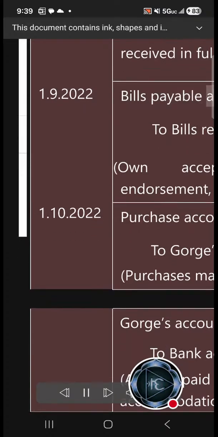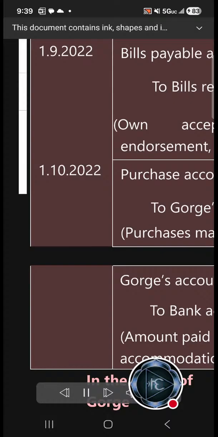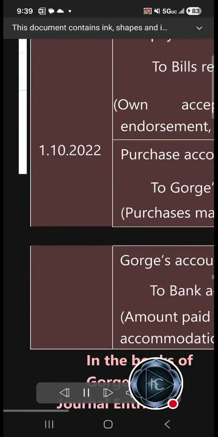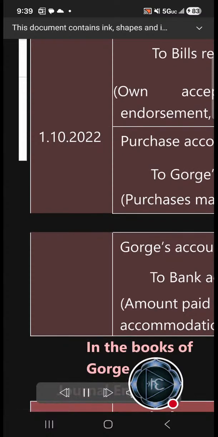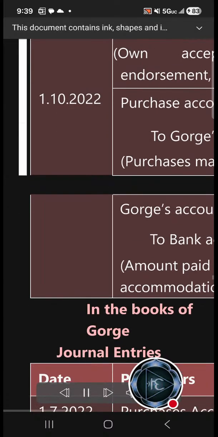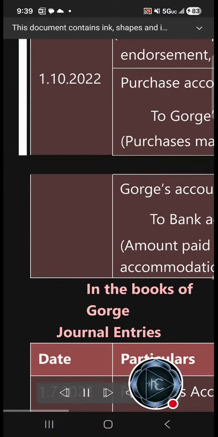Bills payable account Dr. 180,000 To bills receivable account. 180,000. Own acceptance received from Jack's endorsement canceled.